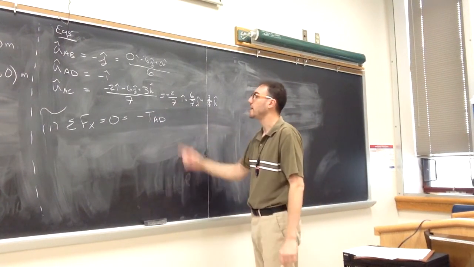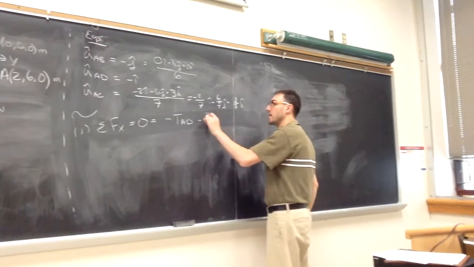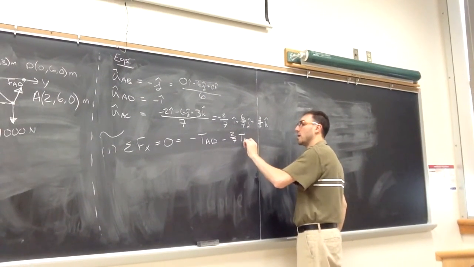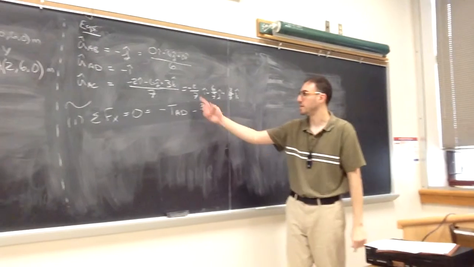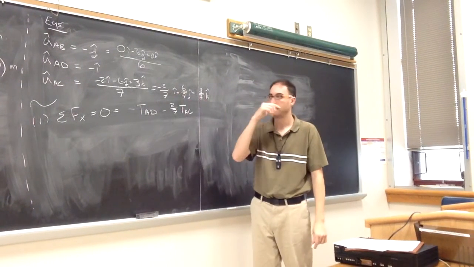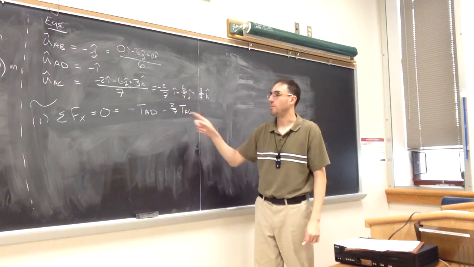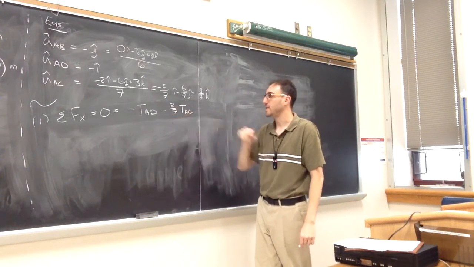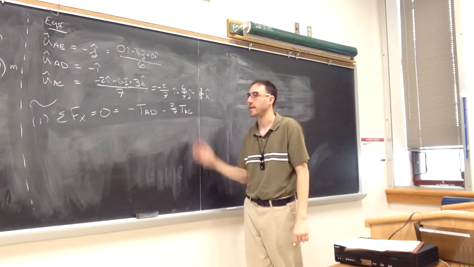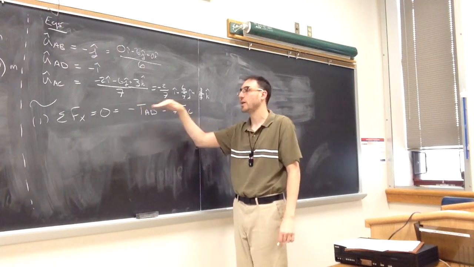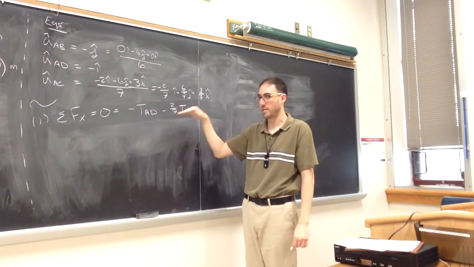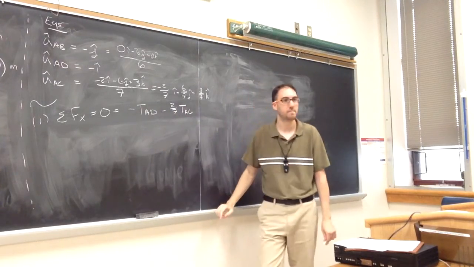For TAC, we know that -2/7 of it is in the x direction because of that part of its unit vector. And then none of the 1,000 is in the x direction. So my first equation, -TAD minus 2/7 TAC, those are all the components of forces that lie in the x direction.